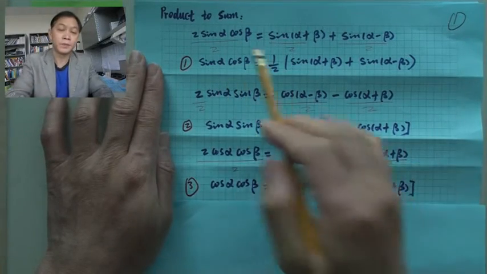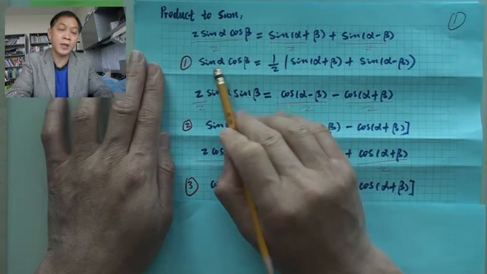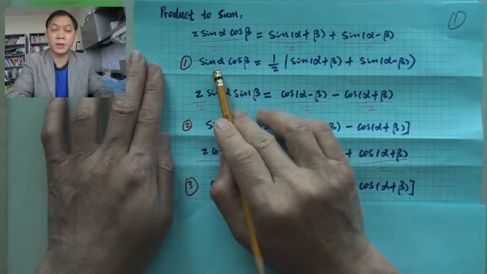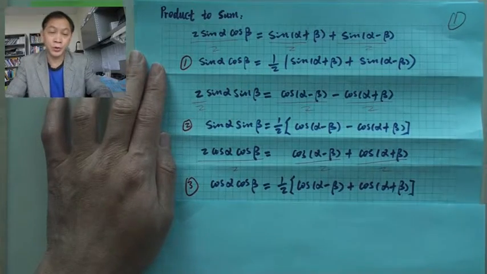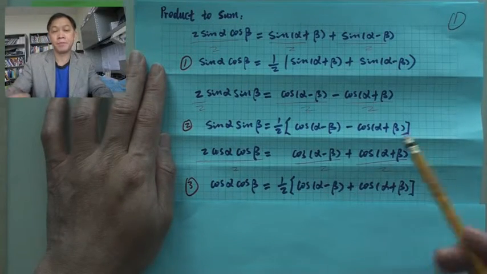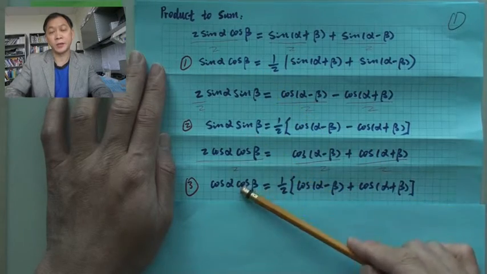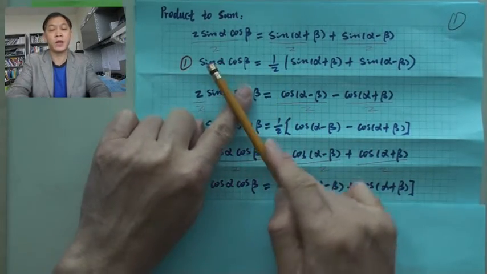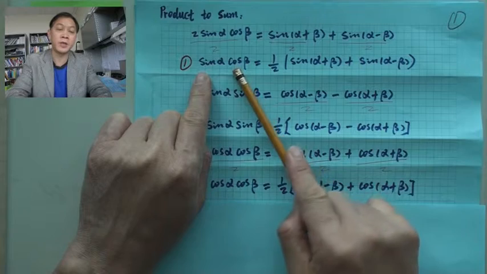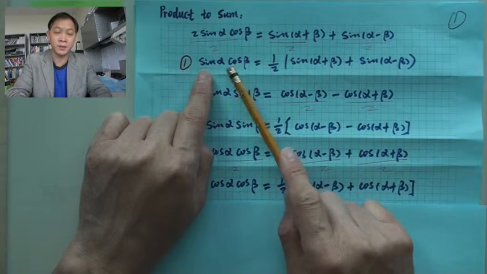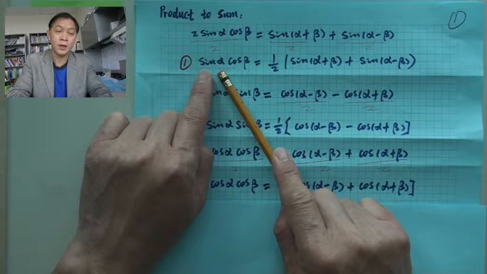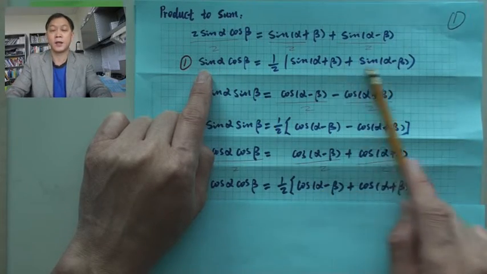But you know, cosine beta times sine alpha is just sine alpha times cosine beta. So to reduce our burden, let's consider these 3, because if you switch cosine alpha sine beta, that's the same thing. Switch cosine beta sine alpha, that's the same as sine alpha cosine beta.